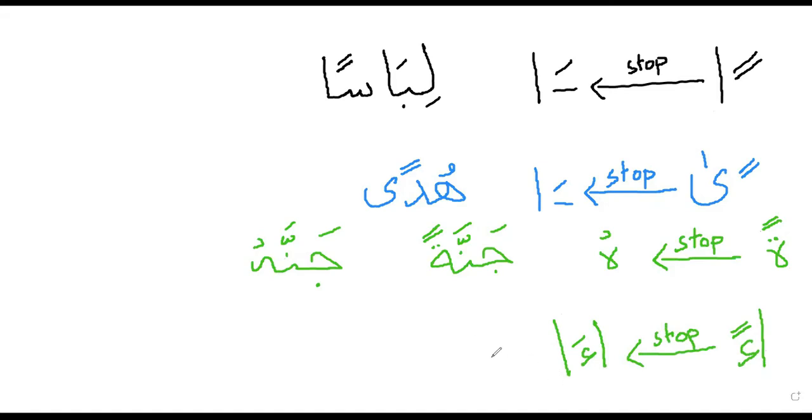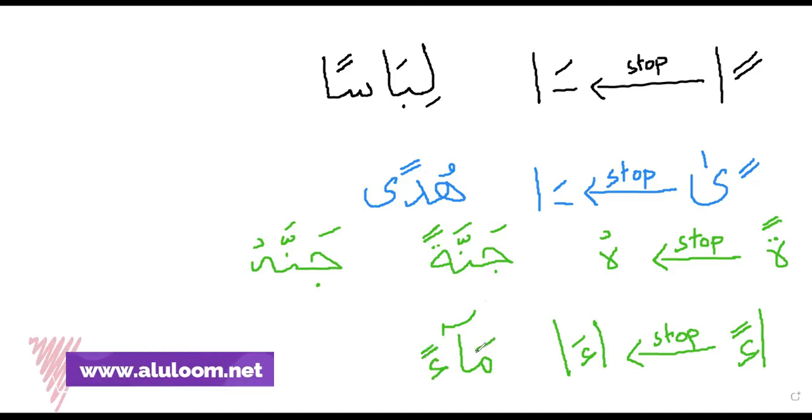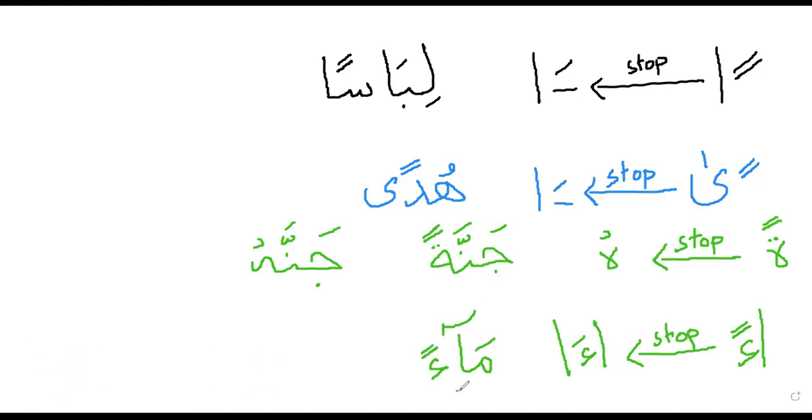For example, if you have the word ma, you count 4 counts for this mad muttasil, ma, and then hamza fathatani, an. But if you stop at this, you will make it ma.